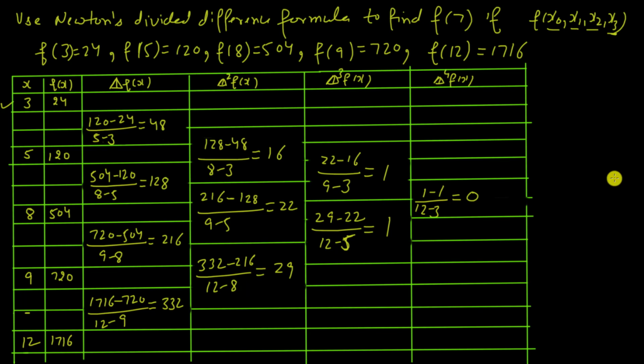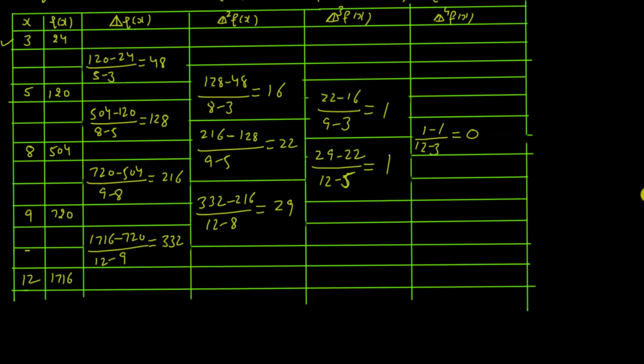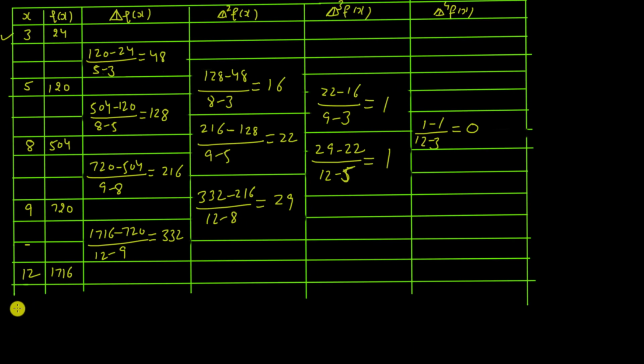Now we will use the Newton divided difference formula, and we know that by Newton divided difference formula, f of x, you know this thing is x naught, this is x1, this is x2, this is x3, and this thing is x4.